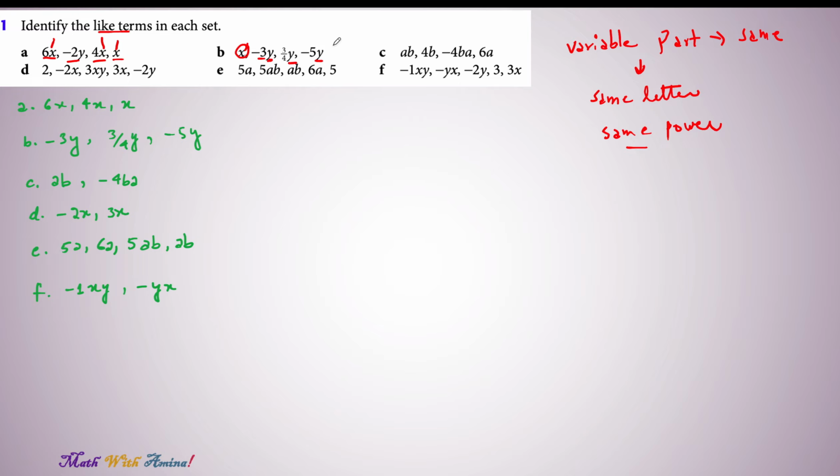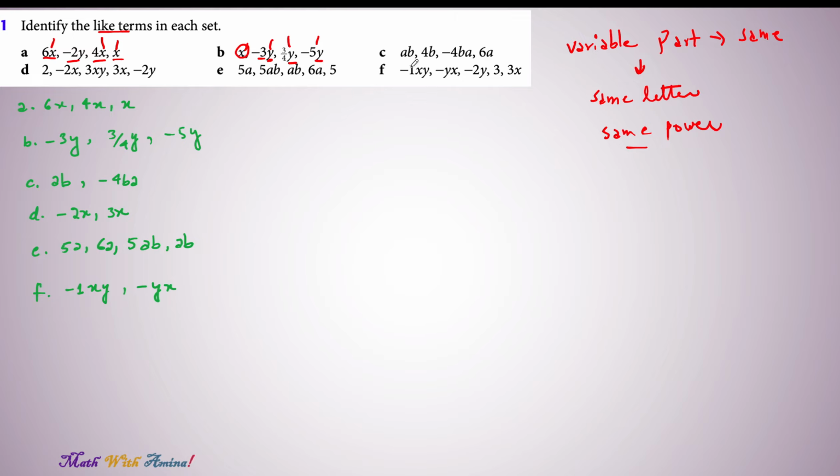Then we look into the power, y raised to the power of 1 in each. So these are the like terms, because the variable part has the same letter and the same power. Therefore the answer for the second set is minus 3y, 3 over 4y, and minus 5y.